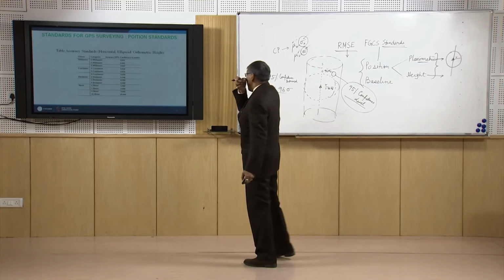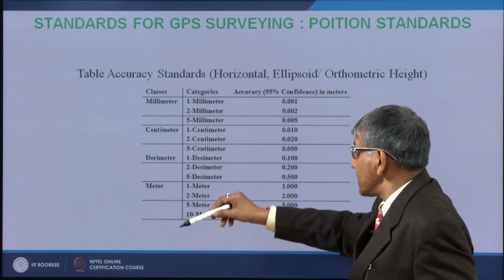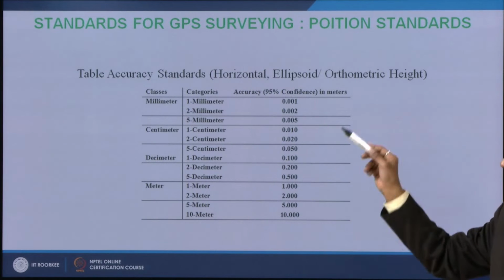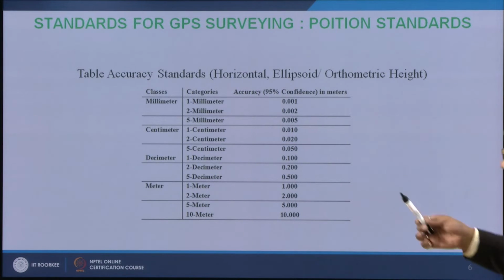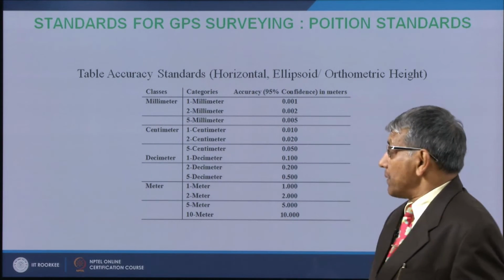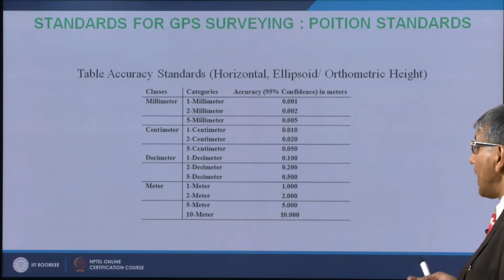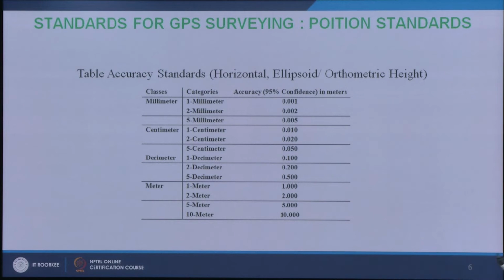So these are the 4 classes: millimeter, centimeter, decimeter, meter, and among each class there may again be 3 subtypes: 1, 2, 5. That means 1, 2, 5 millimeter, 1, 2, 5 centimeter, 1, 2, 5 decimeter, and 1, 2, 5, 10 meter.